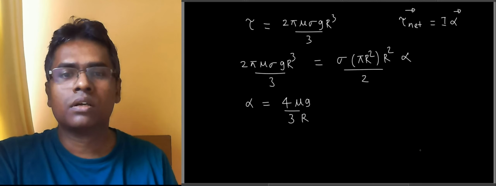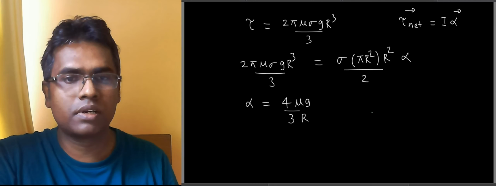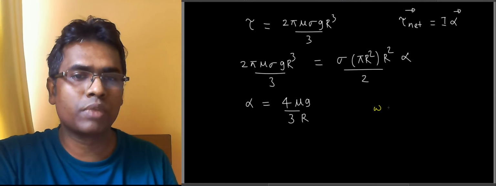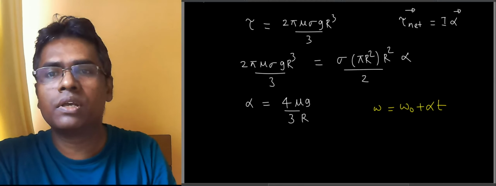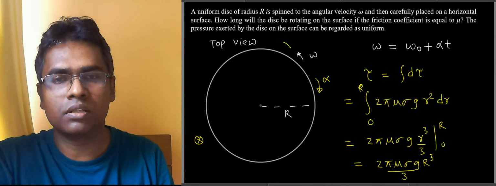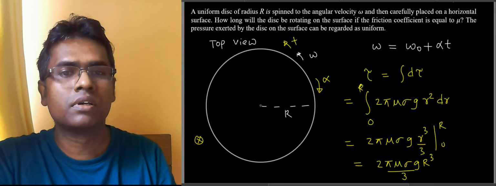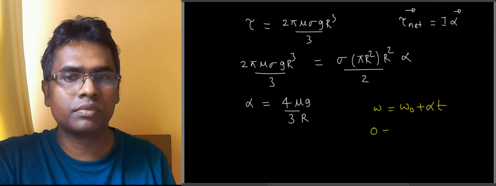Okay. Then after this, only one last step left. If I use omega is equal to omega naught plus alpha t. Now here you can pick any direction as positive. Suppose I take counterclockwise as positive, the alpha would be negative. So the final angular velocity is 0.